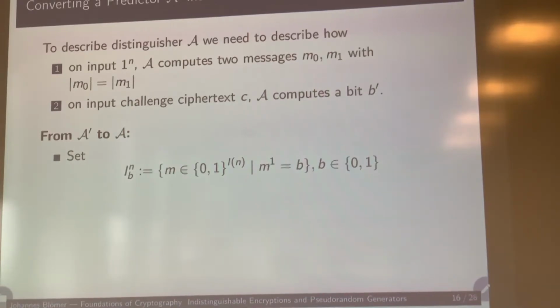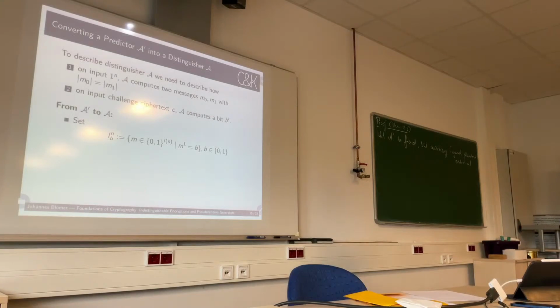Now think about it. You have an algorithm that predicts the first bit. Now you want to construct a distinguisher. Well, wouldn't it be nice just to compute two messages where one has bit 0 and the other has bit 1? Then I have to distinguish which one was encrypted. I get my ciphertext back, and then I look at what my predictor says the first bit is.